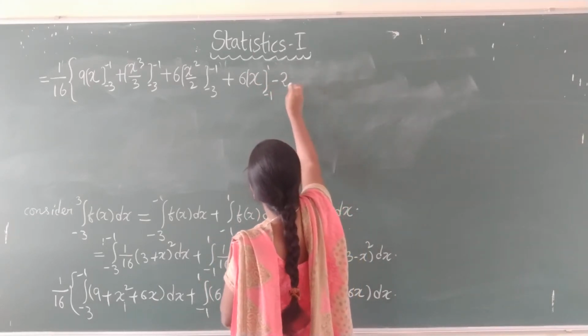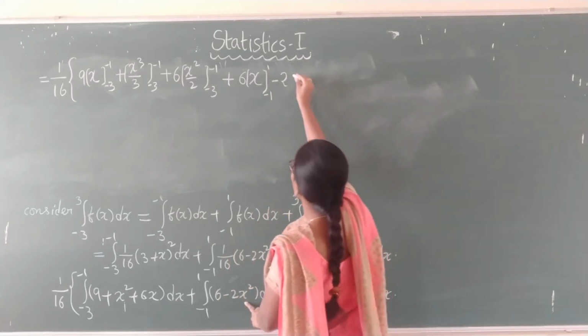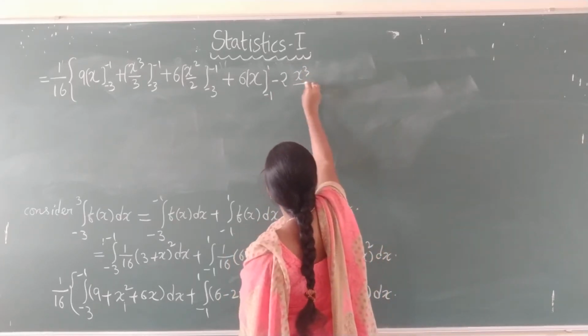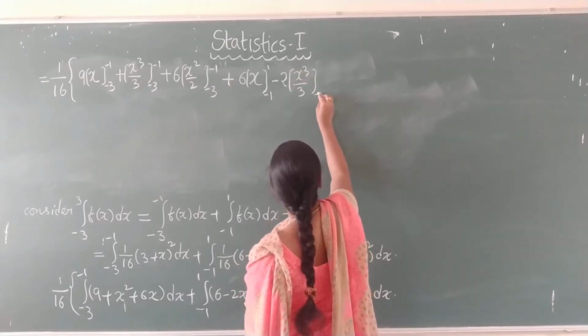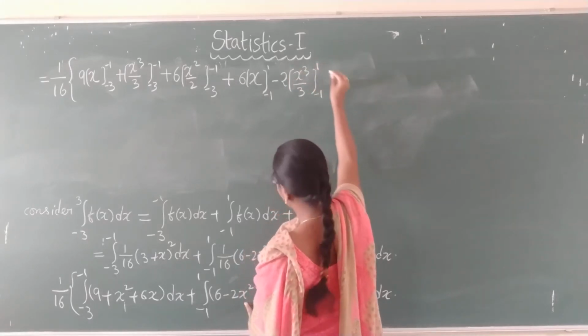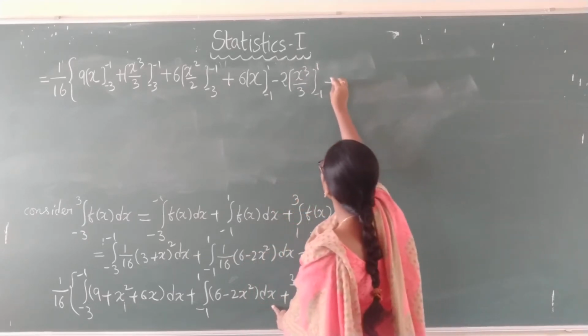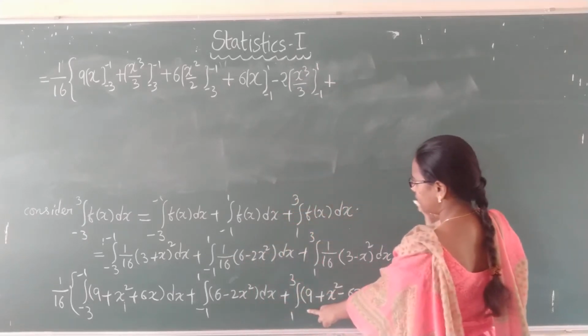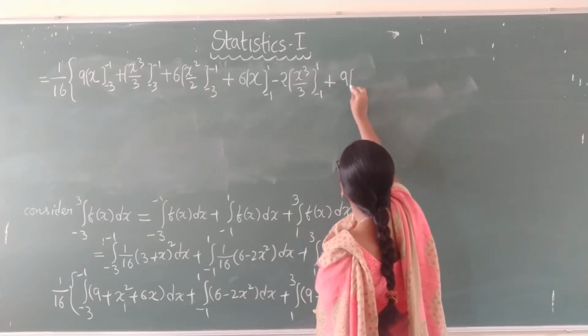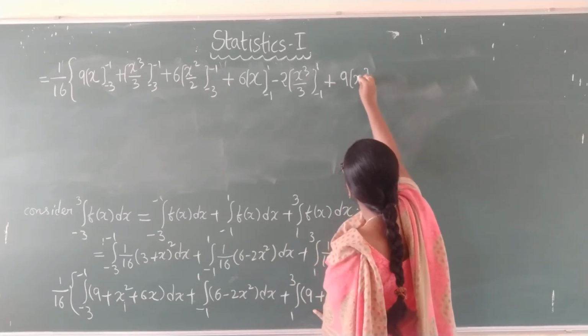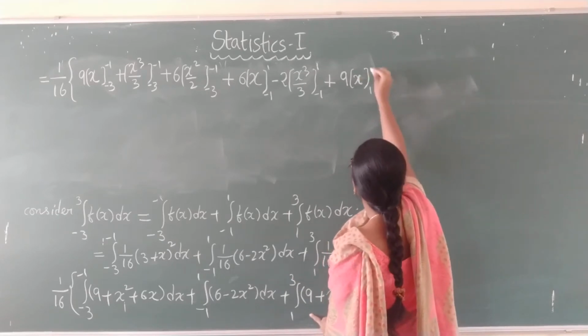Minus 2 into integration of x square is x cube by 3 within the limits minus 1 to plus 1. So second part is completed. Next third part. So here first 9 is constant. Integration of 1 is x within the limits plus 1 to plus 3.